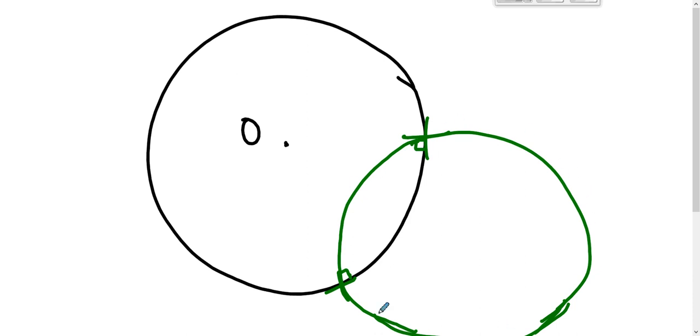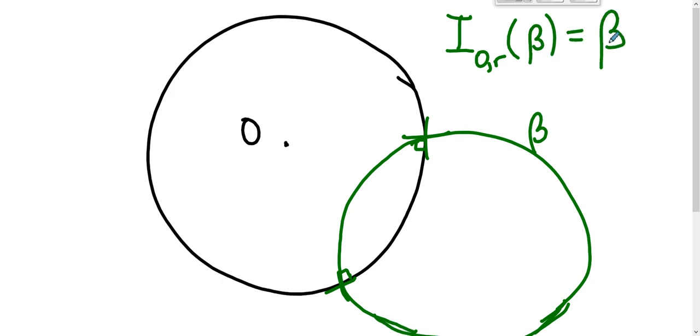So the green circle is orthogonal to the circle of inversion. Tangents here are perpendicular, tangents here are perpendicular. If this circle beta is orthogonal to the circle of inversion, then the image of beta is in fact beta.